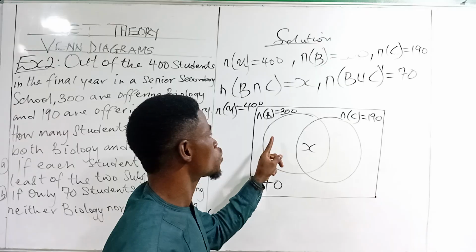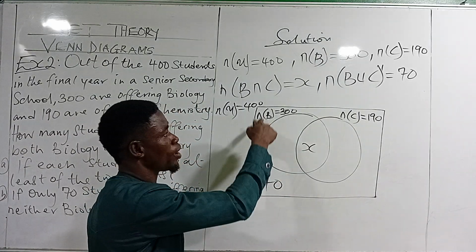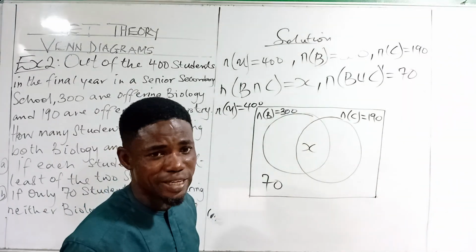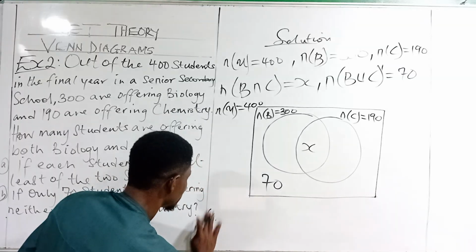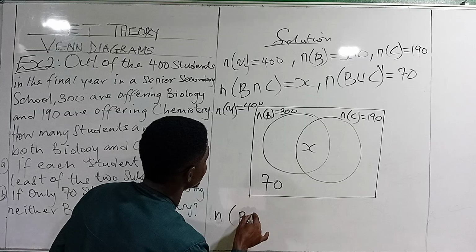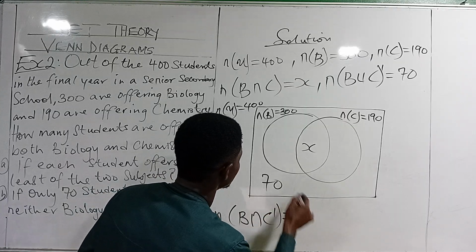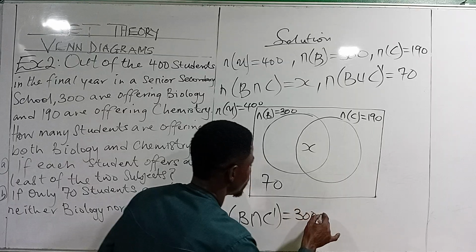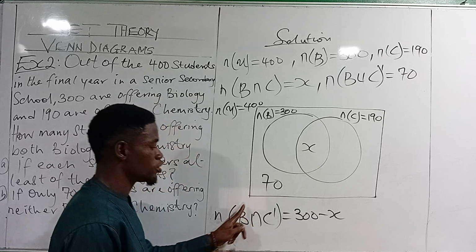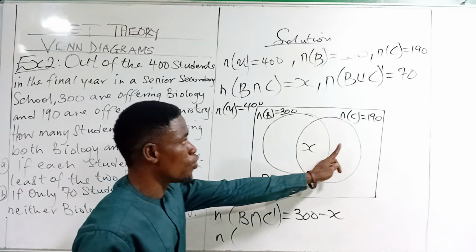Now, how do you know those who offer biology only? It's going to be the number of the students that offer biology minus the number of the students that offer both biology and chemistry, which is n(B intersection C). It's going to give you 300 minus X. This one is for only biology. Now let's look for only chemistry.